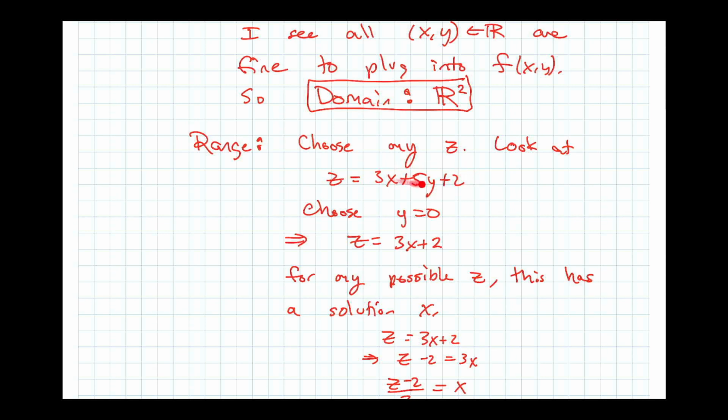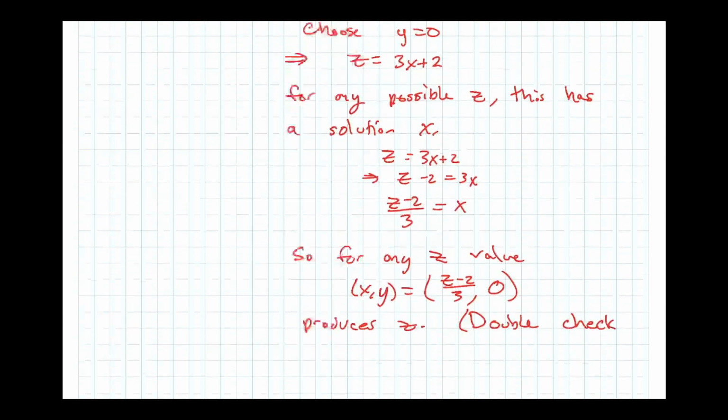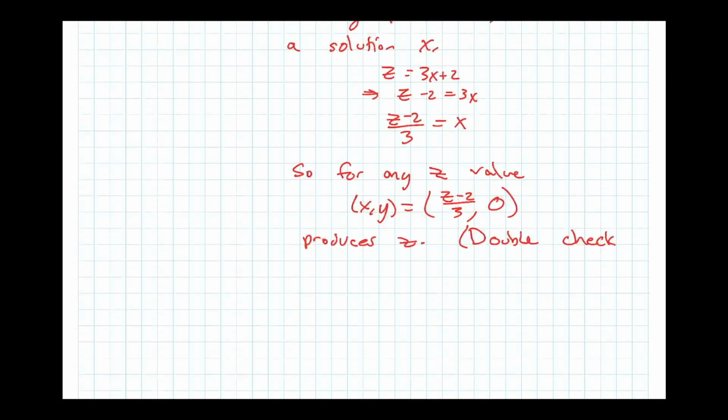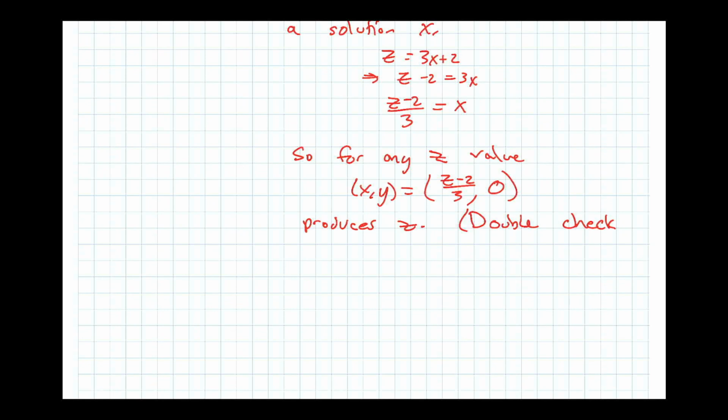No, right? Put in big numbers, put in small numbers. You can make big numbers, you can make small numbers, you can make 0, you can make everything. So as soon as you know that, you're done. You don't really need to do tons of work like I'm doing here. So just be advised that I'm doing more than I need to here to try to explain the concepts. So for any z value, that produces z.